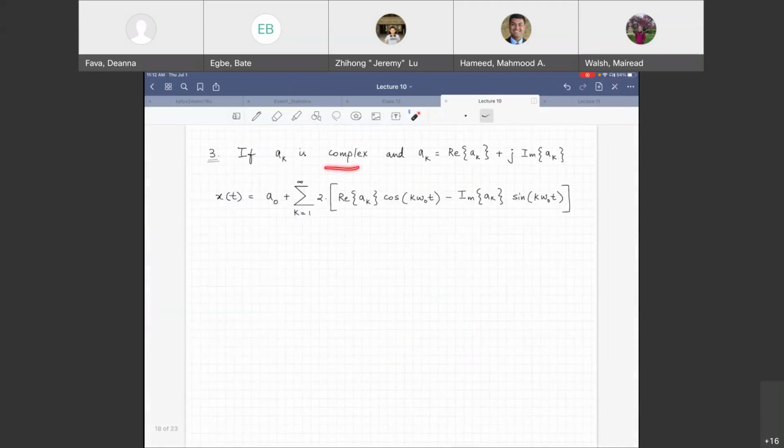Next. If ak is complex and you're representing ak in Cartesian form, real plus j times imaginary, then a sub 0 remains as is, and the sum over k, 2 times the real part of ak cosine k omega naught t minus imaginary part of ak sine k omega naught t.